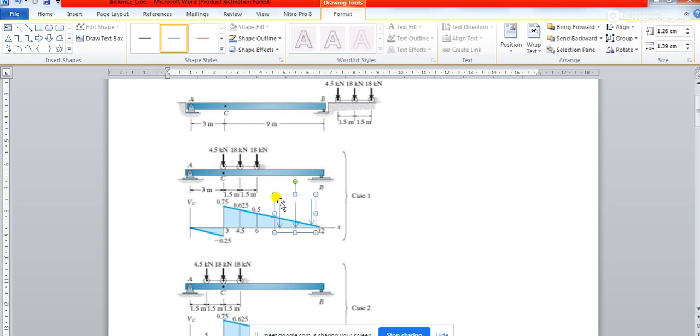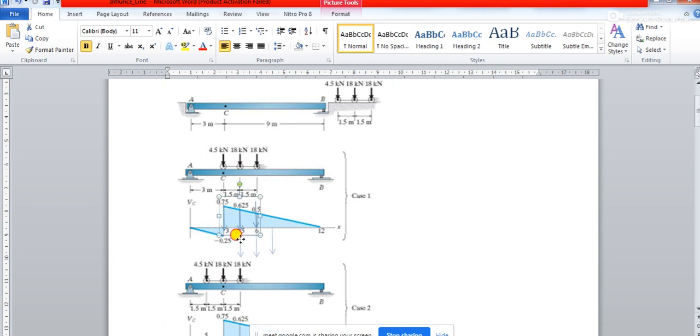See, this load is moving up the slope, as well as this load, as well as this load. And at a particular position which we are calling case 1, the load will be reaching this position, isn't it? Have you got it?